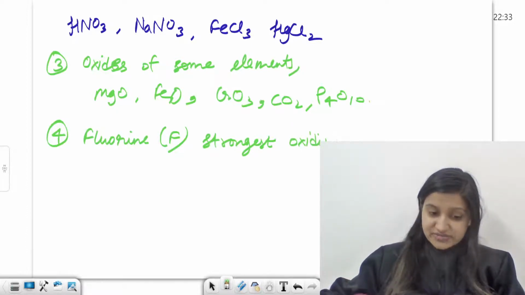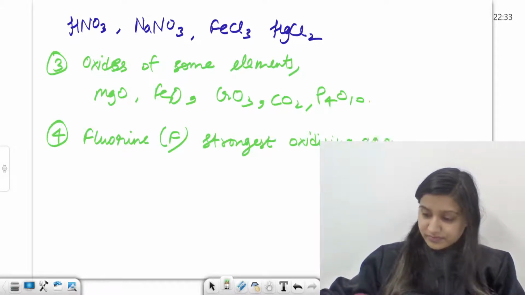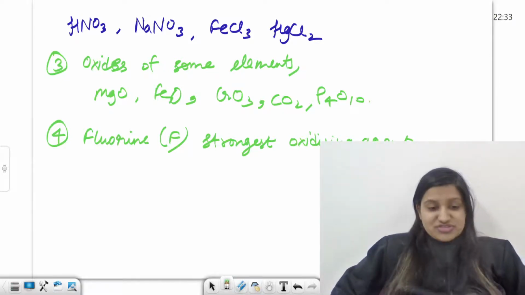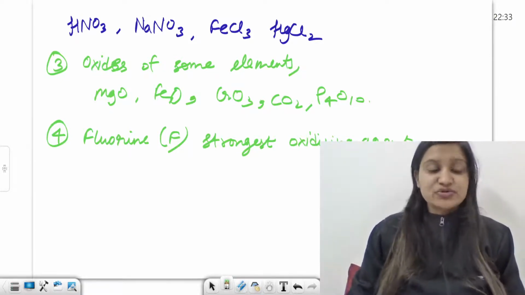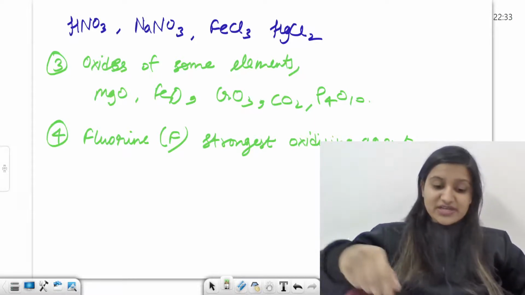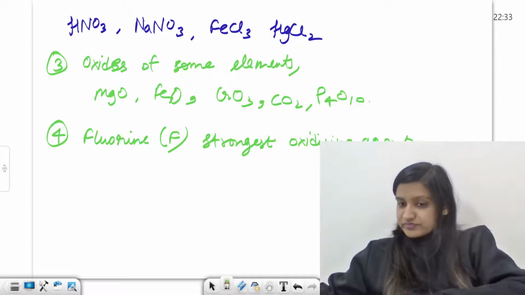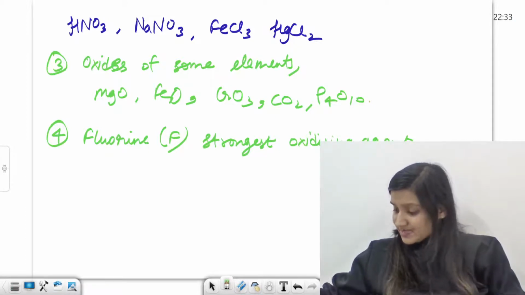Very electronegative. It is the strongest oxidizing agent. So we need to remember them so that we will instantly get to know. All right, let's move ahead.